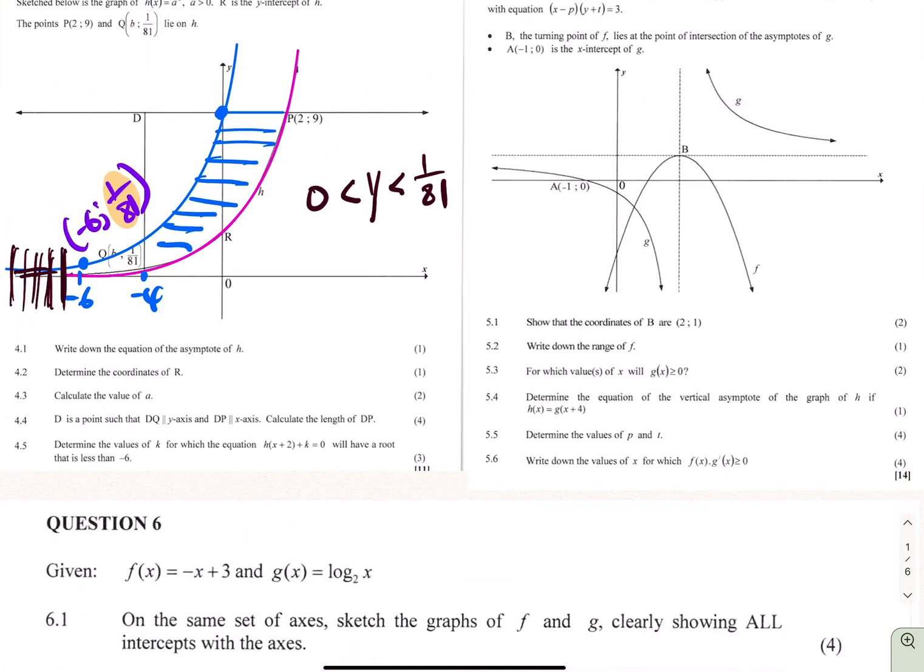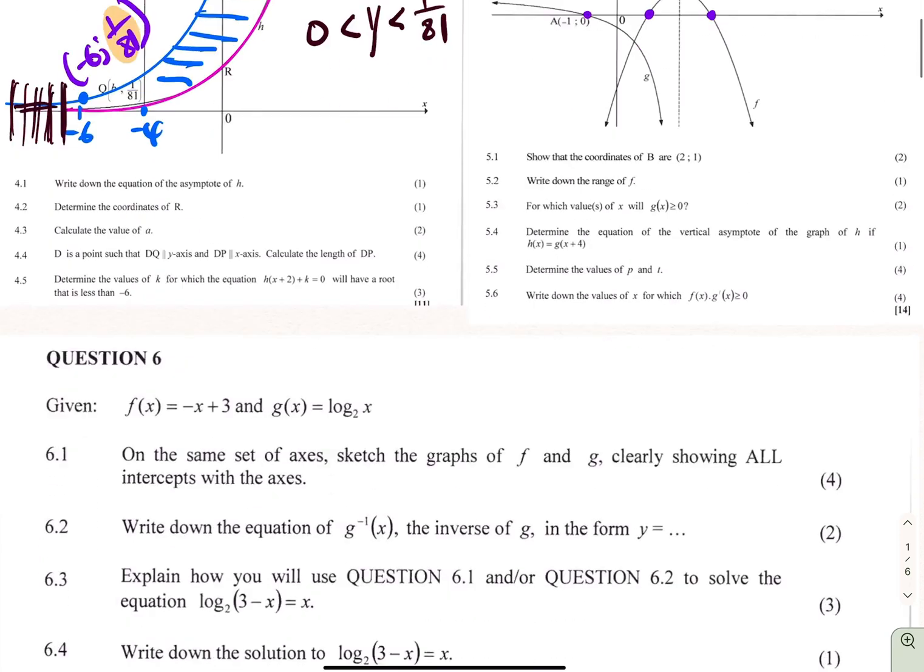I need all the x values in the intercept space. That means I need the value there and the value there, because I have this particular one here, and that is -1. So I need to get what this one and this one are, so that I can read it properly. These points are the x-intercepts of the graph of f, so allow me to find the x-intercepts of the graph of f.